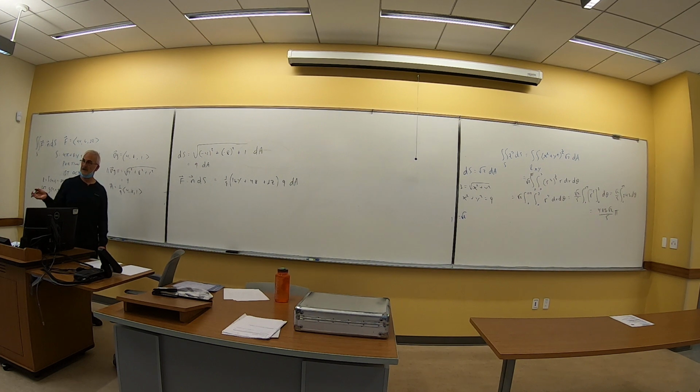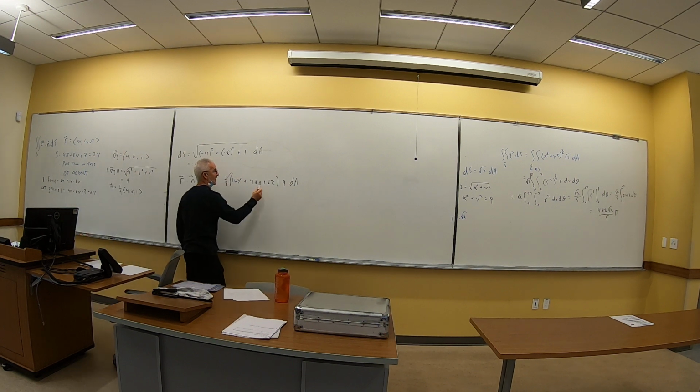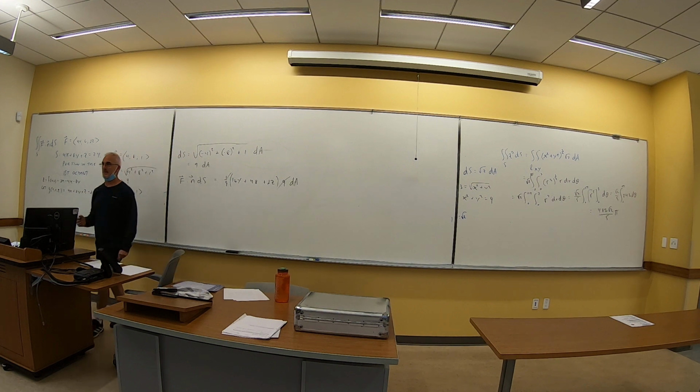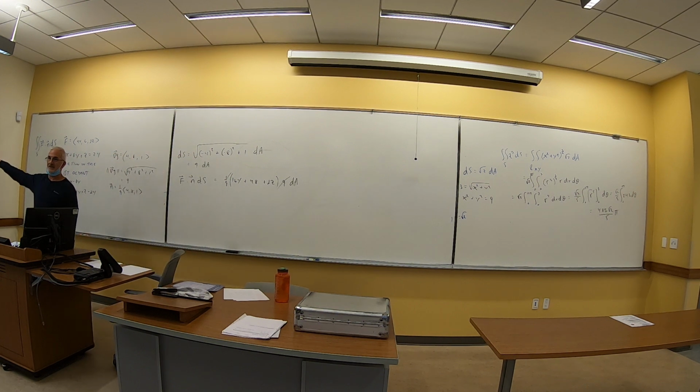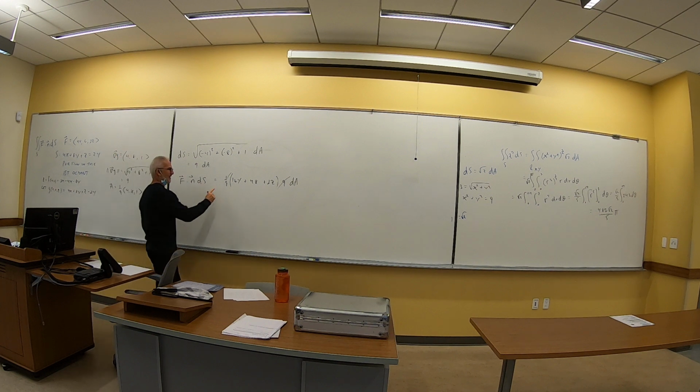This is ultimately going to become my integrand. Everybody cool with that? Now, the reason I did not multiply this 1/9 in is because I know eventually if I do everything right, this is what's going to happen. But again, the unit normal vector has nothing to do with the other side, right? So this is all I've got left.